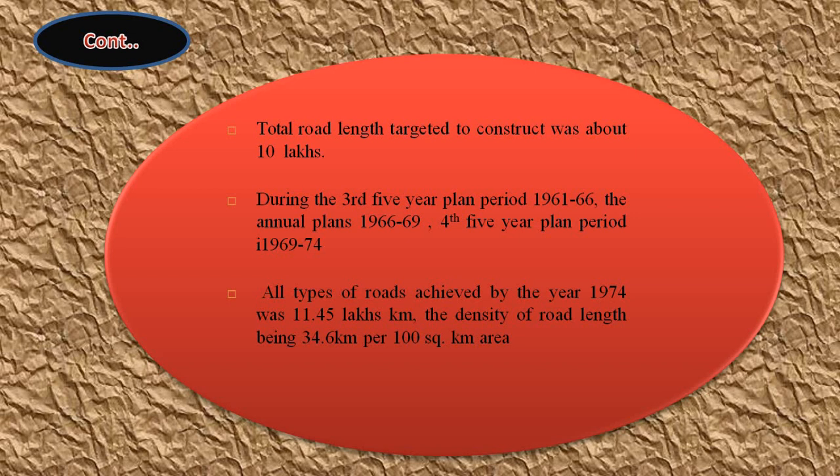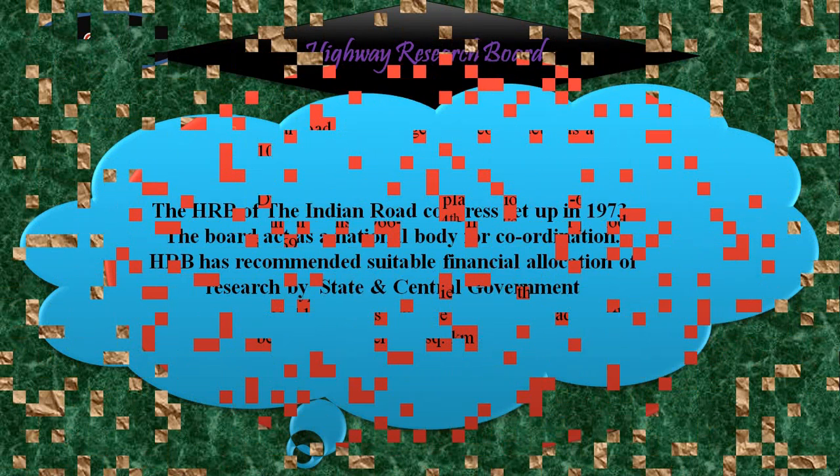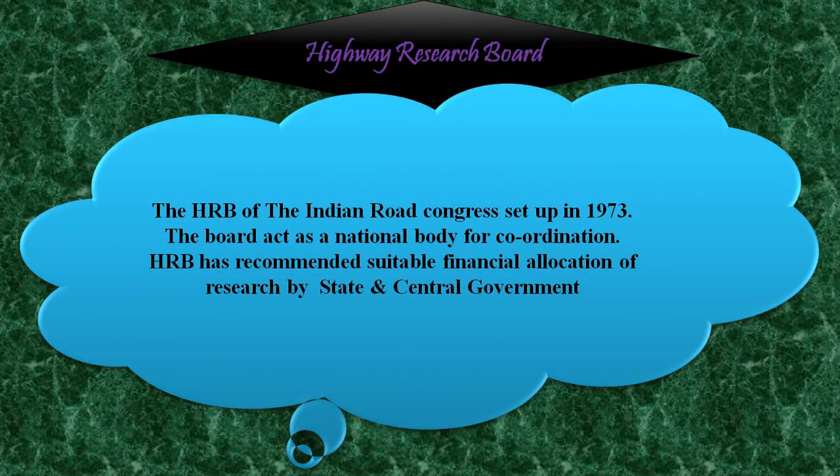At that time, there was one particular board, the Highway Research Board, HRB, of the Indian Road Congress, set up in 1973. The board acts as a national body for coordination and has recommended suitable financial allocation for research by state and central government.